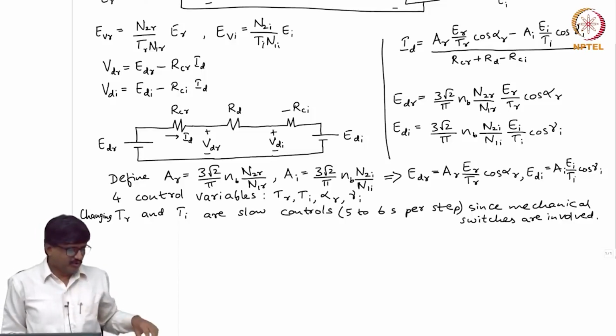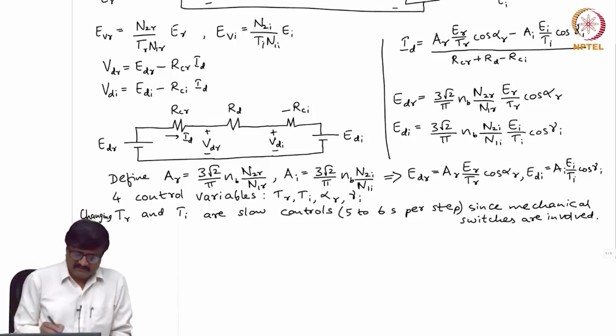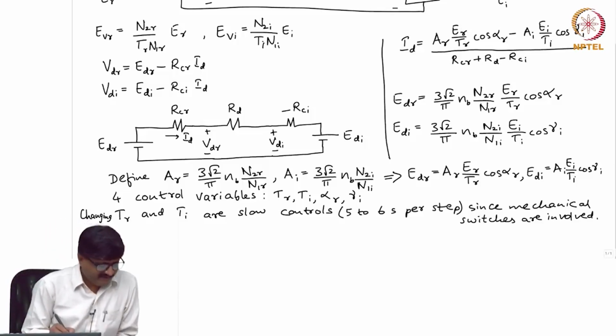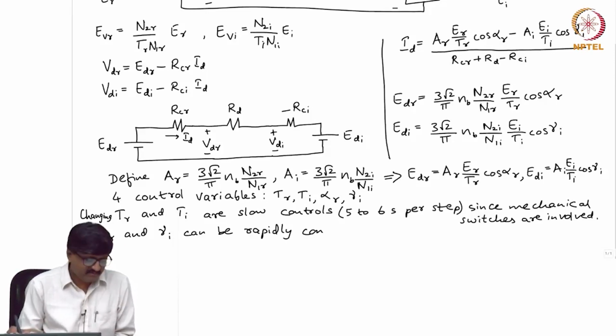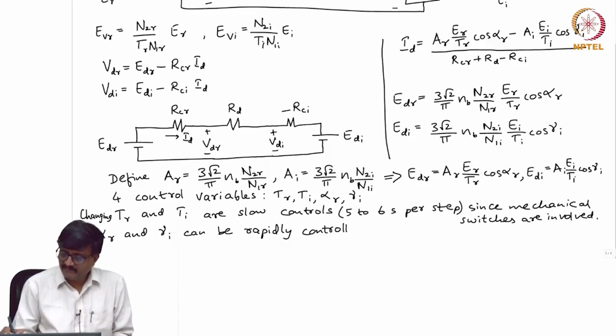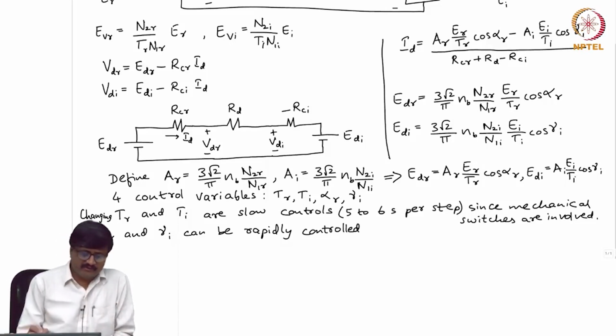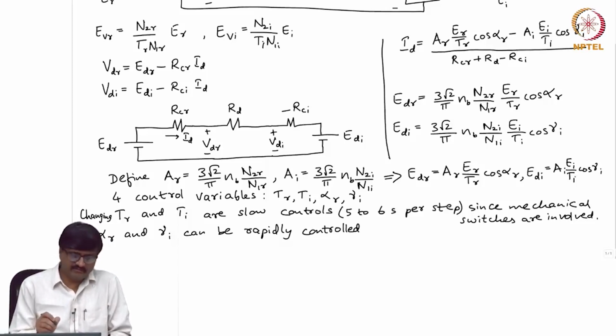So, there are 2 slow variables, and alpha R and gamma I can be rapidly controlled. When we talk about controlling alpha R or gamma I, we do not talk about the time required in terms of seconds.